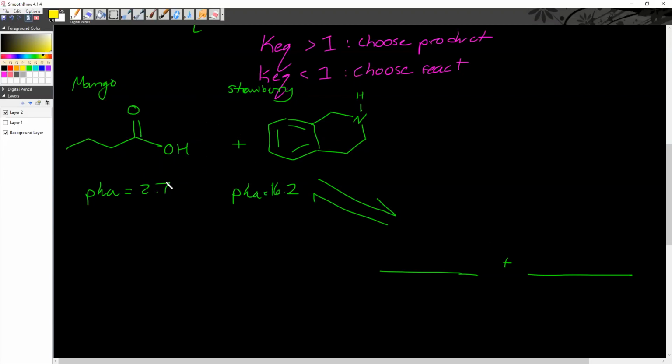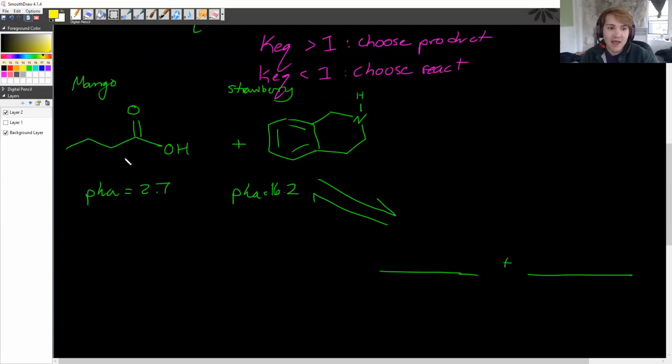So with that in mind, if mango is the acid, then this hydrogen would get moved over. This nitrogen has one lone pair, two electrons, to be able to pick up this hydrogen.